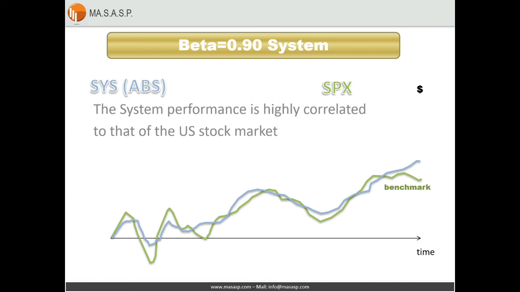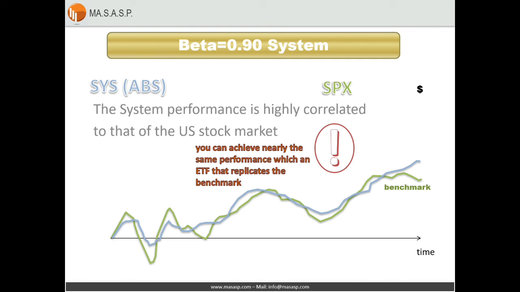That means high systematic risk, or, to put it from another perspective, poor value of the system under assessment, as it delivers nothing more than an ETF replicating the benchmark, which in turn comes at lower management cost.